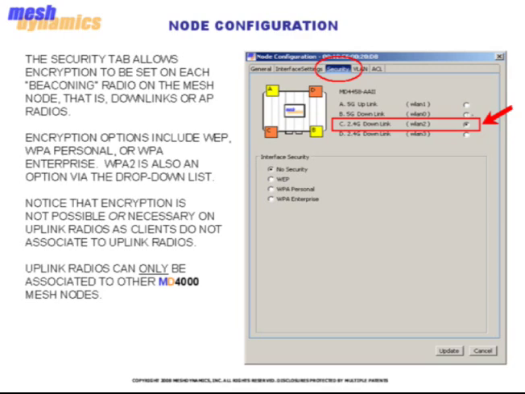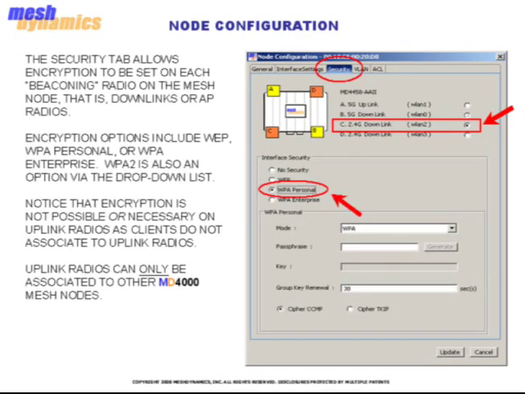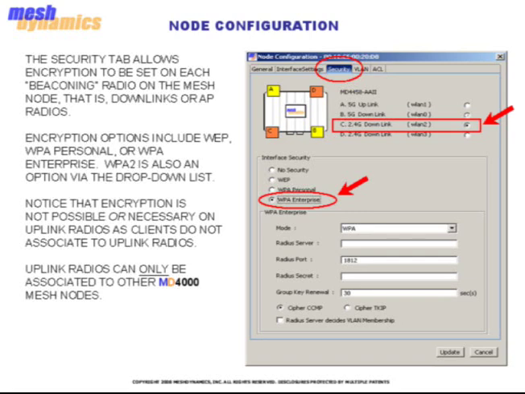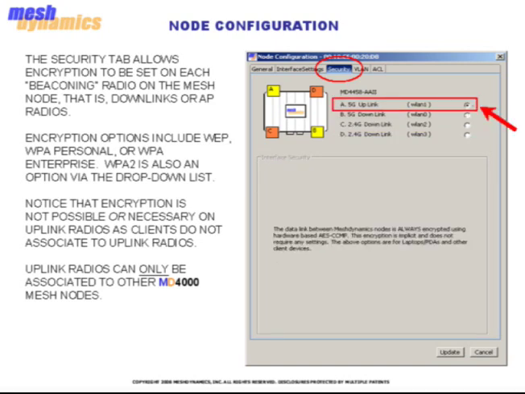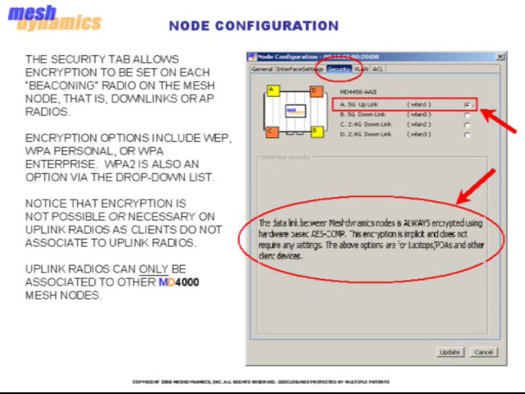Encryption options include WEP, WPA Personal, or WPA Enterprise. WPA2 is also an option via the drop-down list. Notice that encryption is not possible or necessary on uplink radios, as clients do not associate to uplink radios.